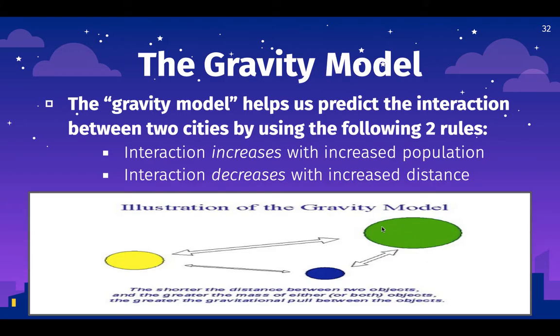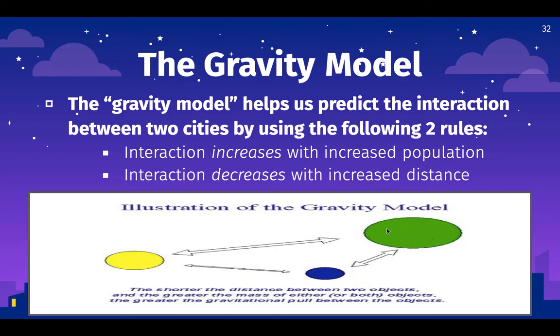So in the model at the bottom of this slide, you can see there are three cities. We got the green city, which is the largest, the yellow city, which is the second largest, and the blue city, which is the smallest. The green city and the blue city have a high level of interaction because they're close together. Distance between them is low.